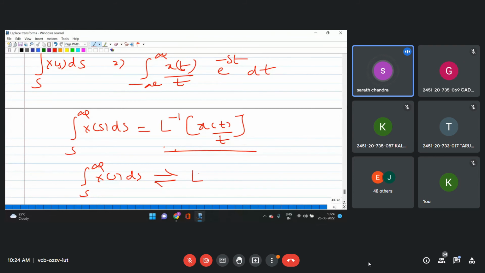So this will be, in the last step, x of t by t is giving you limit s tends to infinity of x of s ds. This is what it is giving. Understood now? Is that clear?